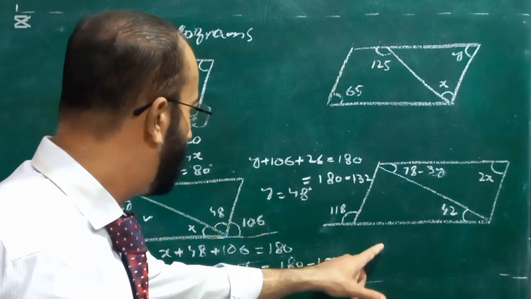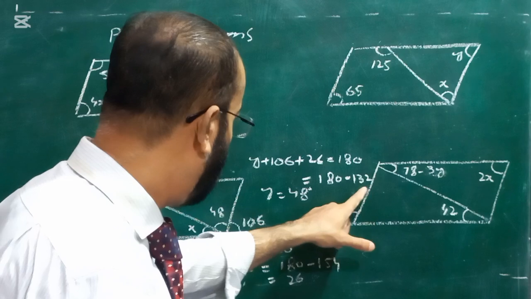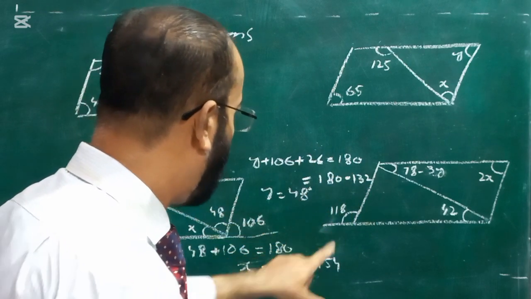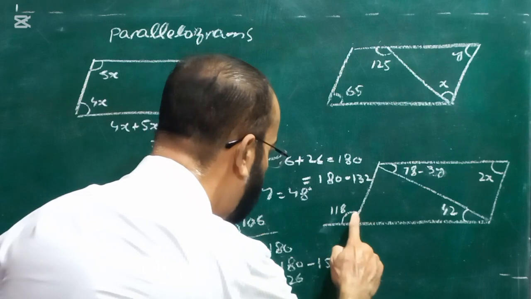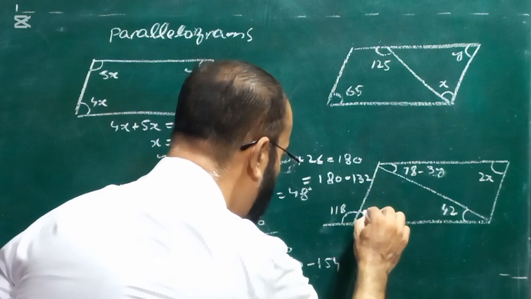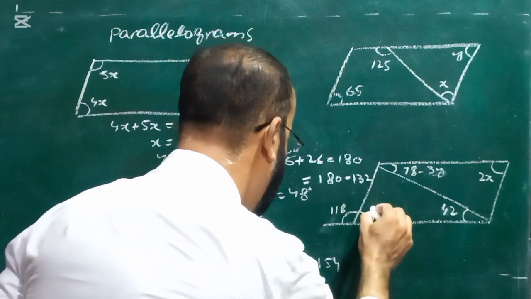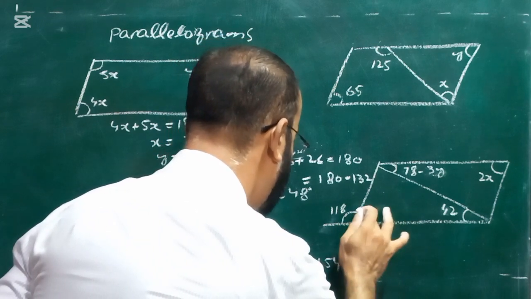So look at this figure now. This is the solution of this figure. If this is 118, the remainder will be 72.